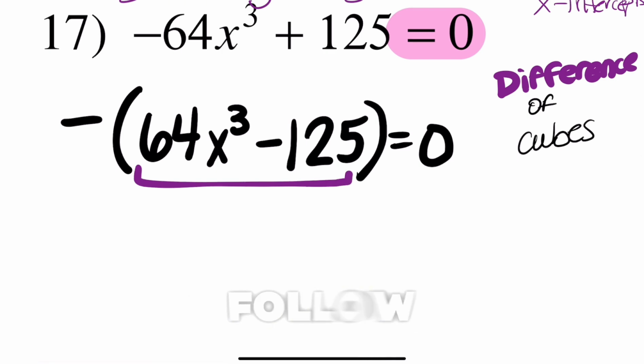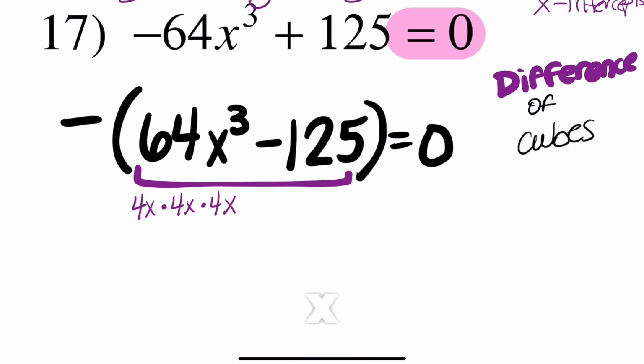All right, cool. So now inside here I have a difference of cubes. So I'm just going to follow the difference of cubes pattern. First I need to break down 64x cubed as 4x times 4x times 4x, and 125 is 5 times 5 times 5.